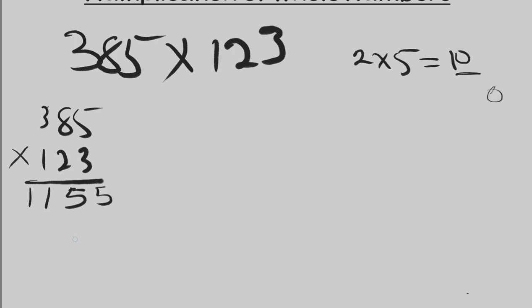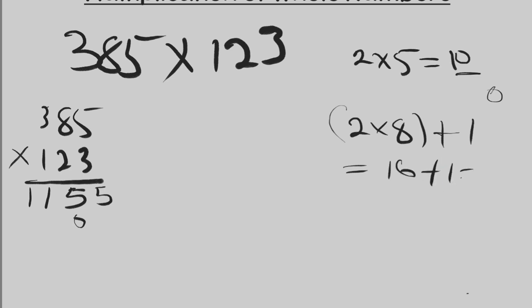So I put 0 at the bottom right here, and I have 1 left. The second one is 2 times 8 plus my 1. So this is 16 plus 1, which is 17. But again, I can't write 17 because 17 is greater than 9, so I'm going to write 7.